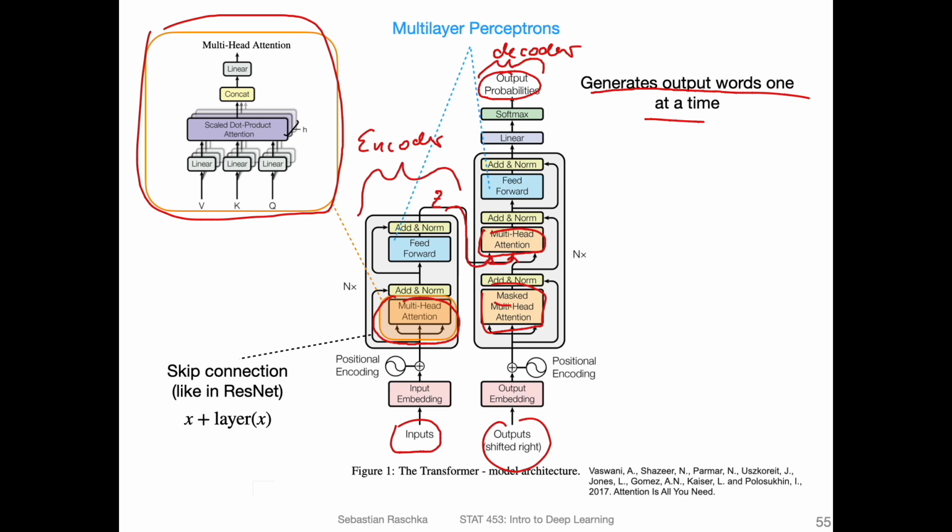Other things you might notice here is also that we have skip connections. So these skip connections are essentially the residual connections that we talked about in the residual network in the CNN lectures. Similar concept where we add the input to the output of something that went through a layer, right?